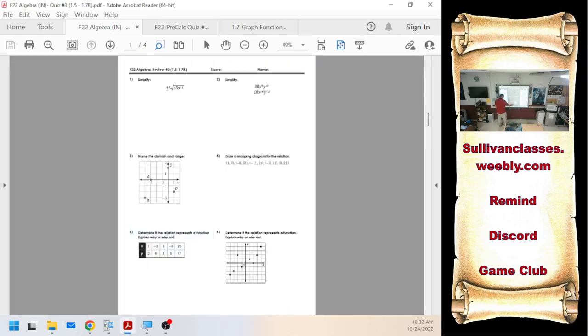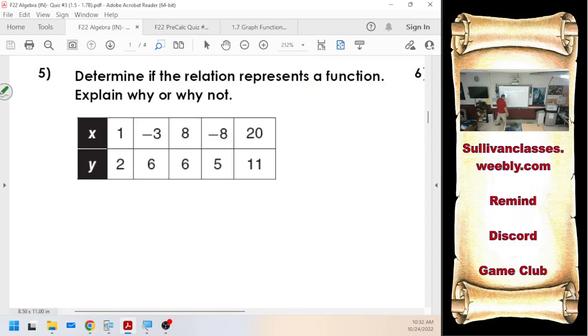All right, now it says, is it a function? Is it? But there's more than one thing going to 6. Different buttons, though. That's okay. I can have a Mountain Dew button giving me Mountain Dew and a different Mountain Dew button still giving me Mountain Dew. That's fine.